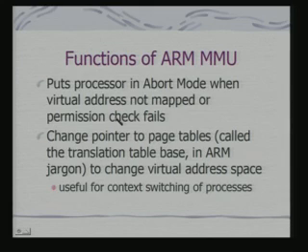So, the OS has to provide the code for the abort mode for actual page transfer from secondary to primary memory, okay. So, this part of the code will run in the abort mode. The other thing is for normal task management: change the pointer to page tables, called the translation table base, because this happens when a process switch takes place, as it will switch from one page table base to another page table base, and page table bases are managed by the MMU.